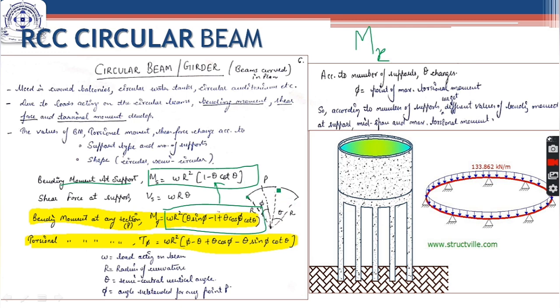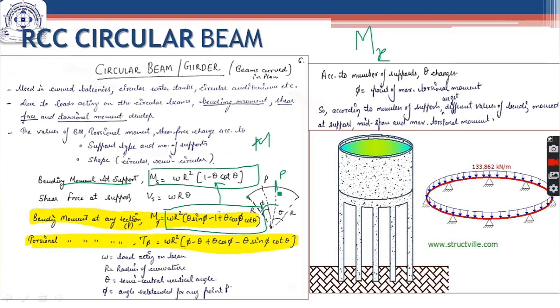Now if I have to calculate the bending moment at center, then what will happen? When we have to calculate the value of the bending moment at this particular point, the value of phi, that is the location of this point, now we have point P here. Location of this P point is determined from this angle.